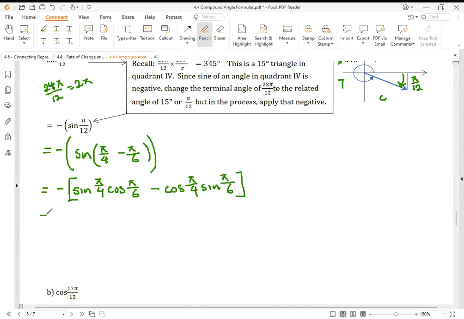Right. Now let's do it. Sine pi over 4, root 2 over 2. Cosine pi over 6, root 3 over 2. Minus cosine pi over 4 is root 2 over 2. Sine pi over 6, 1 over 2.